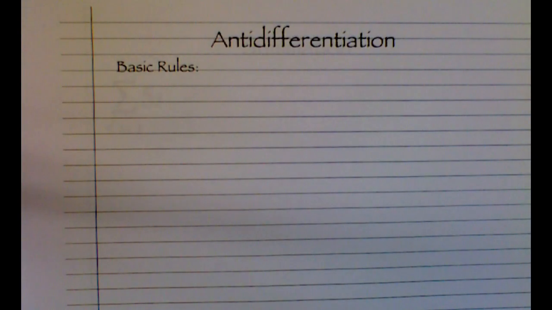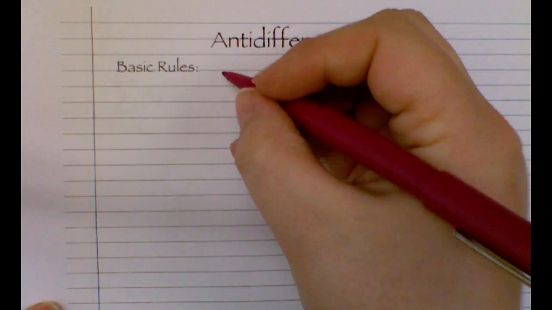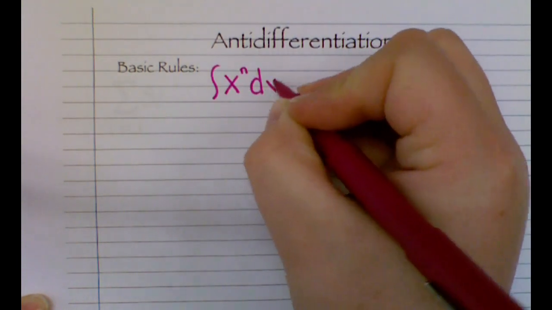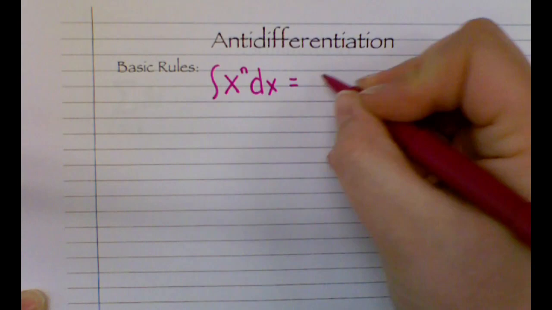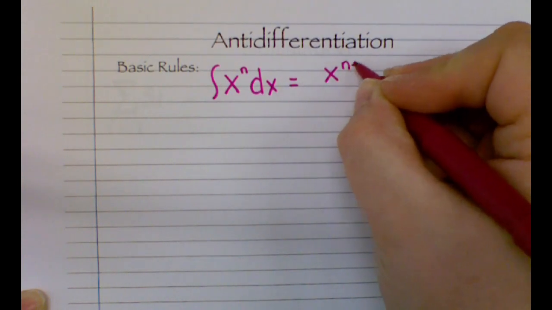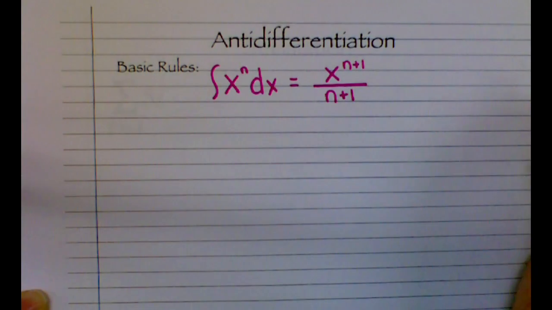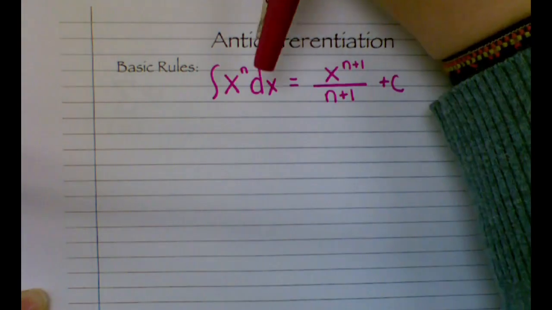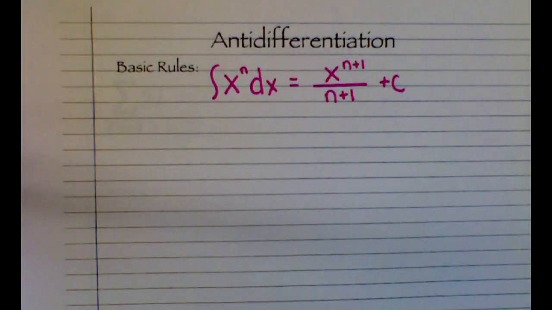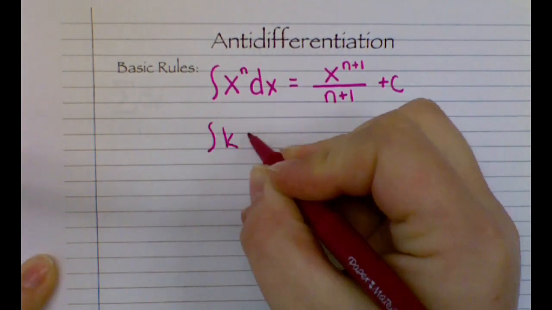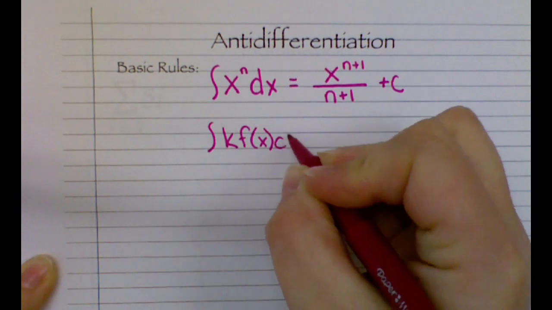For antidifferentiation, we had some basic rules. First of all, we had that power rule. If I have x to the n power, antiderivative dx, we just take x to the n plus 1 power, add 1 to the power, and divide by the new power, plus c. Other basic rules of antidifferentiation: the antiderivative of a constant times a function.